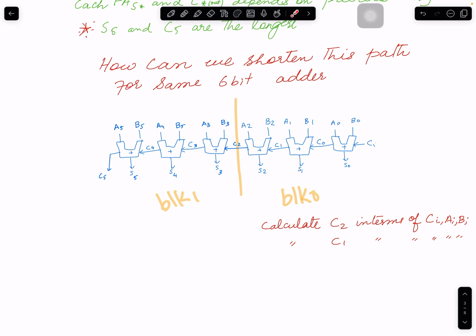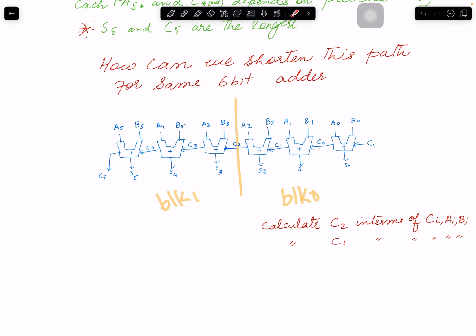The key thing is, if we want to calculate C5 quickly, then first we have to write this one in terms of CI, and this one in terms of CI. So we create some sort of logic so that when these inputs come and a carry comes, this circuit can predict the carry output.